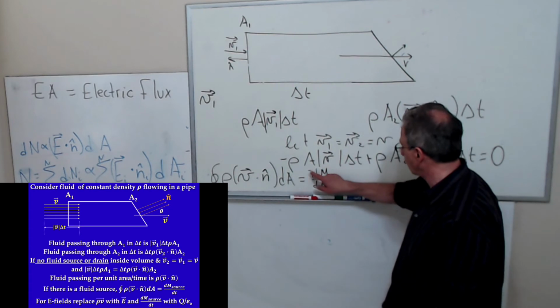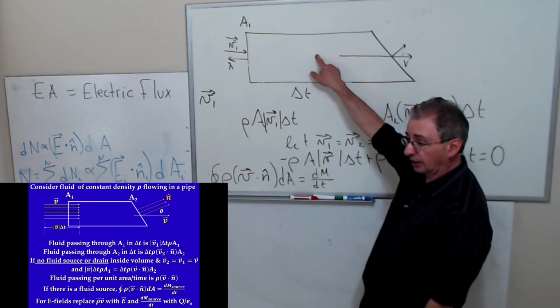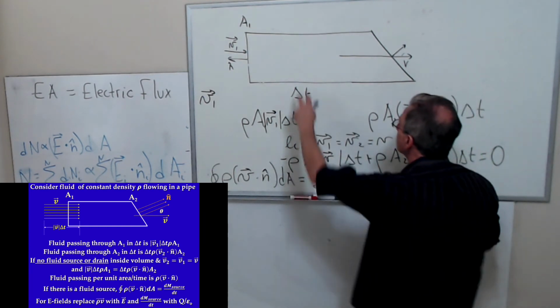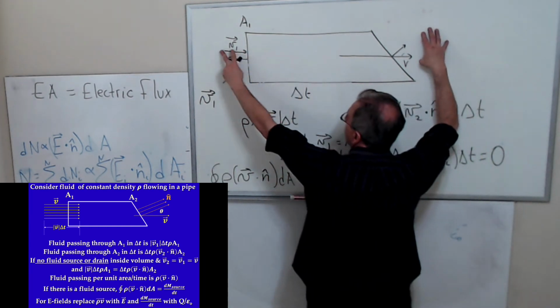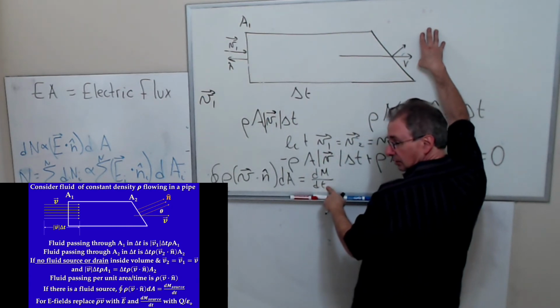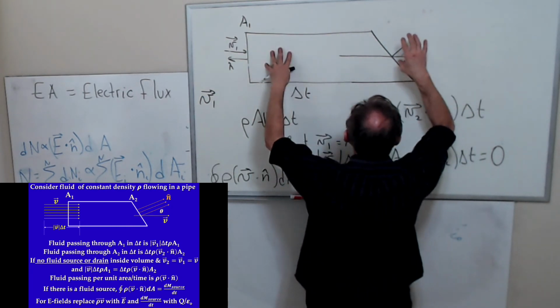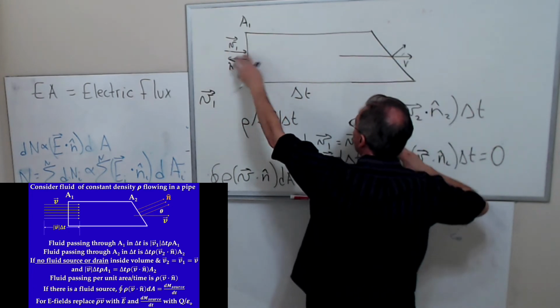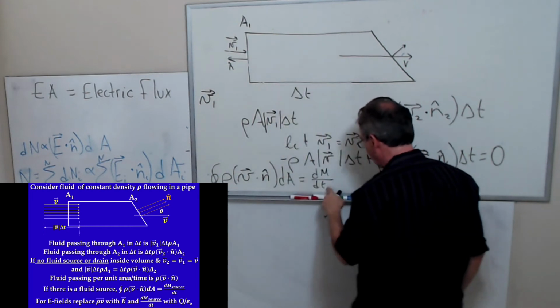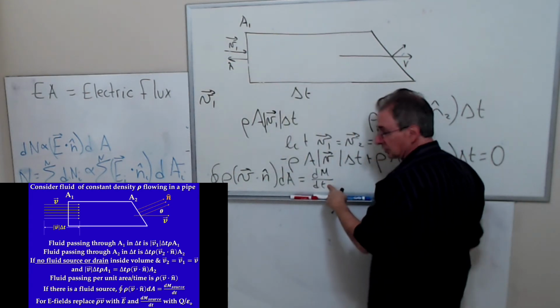So this thing is going to represent the amount of mass flowing in or out. So if I have a source of water, I'm going to get more out of this side than I do on this side. That's because I have this source in there. If I have less going out than coming in, that means something's sucking up the water. That means this term is not 0. This accounts for what's being lost or gained.